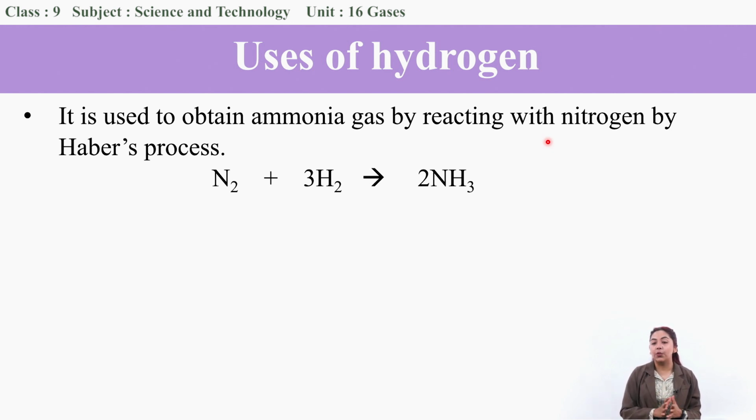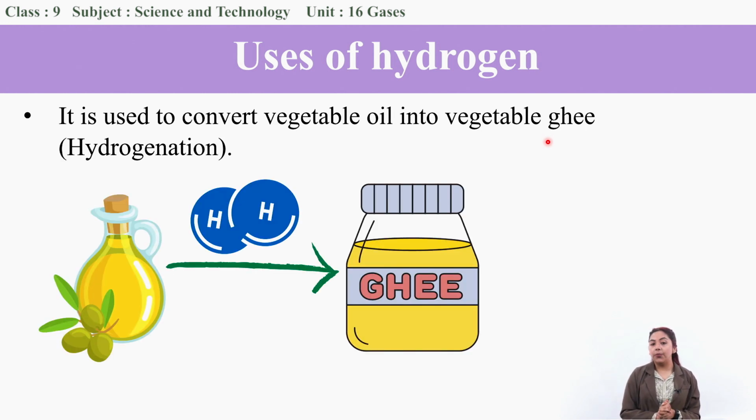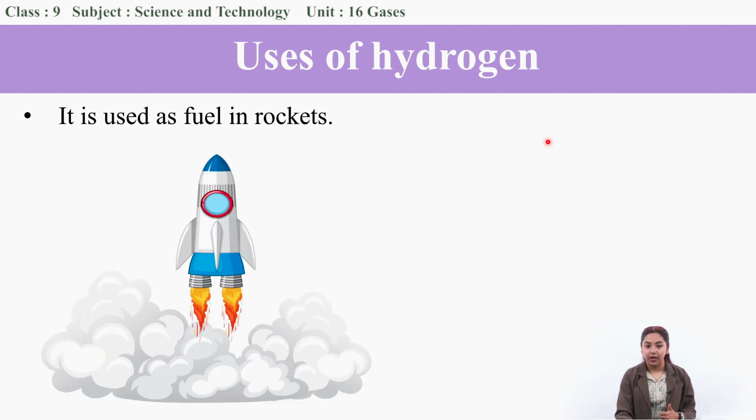And this Haber's process, you will be learning in detail next year in class 10. Another use is that hydrogen is also used to convert vegetable oil into vegetable ghee. And the process of converting vegetable oil into vegetable ghee is known as hydrogenation.